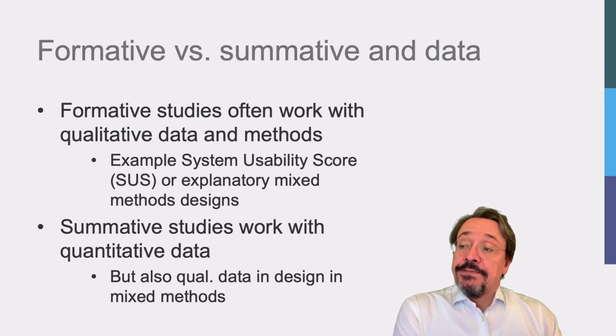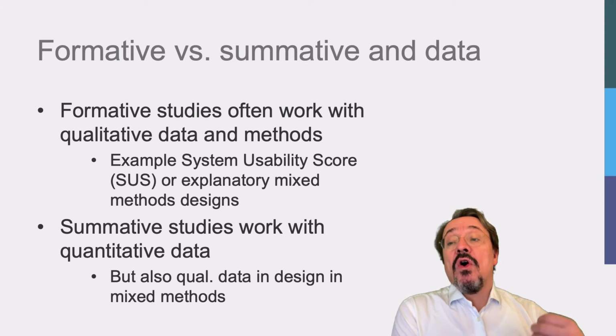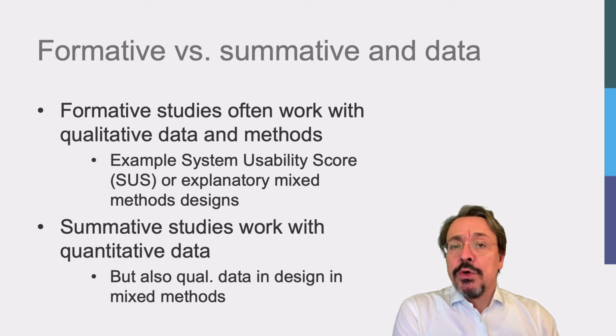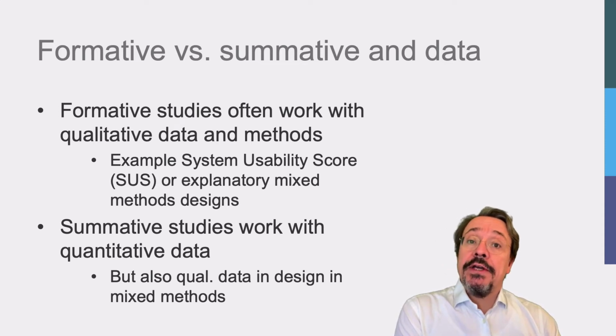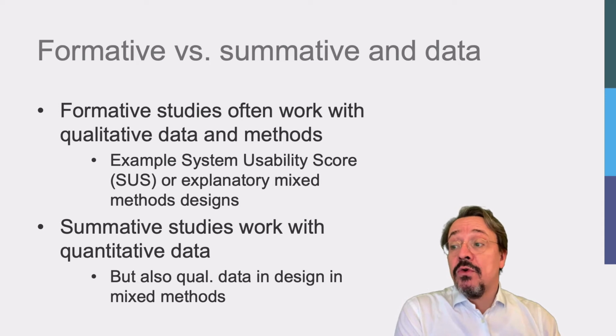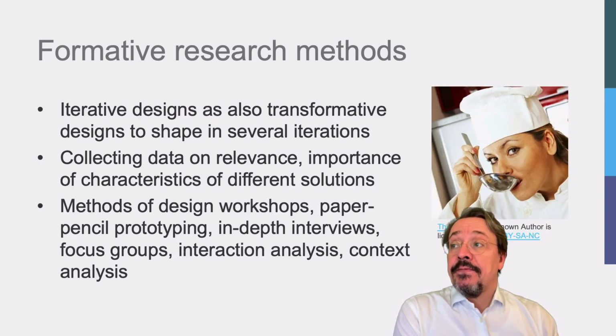On the other hand, in summative studies, you often work with quantitative data. You want to measure the performance, but nevertheless, it also helps to work here either with mixed method approaches or also to collect qualitative data.